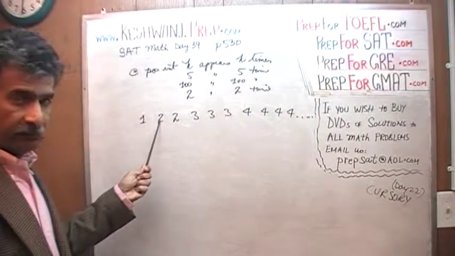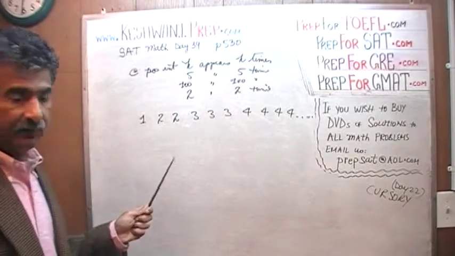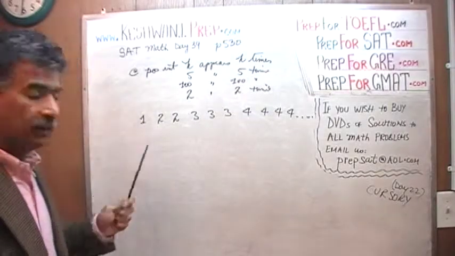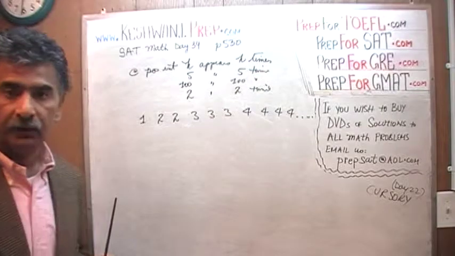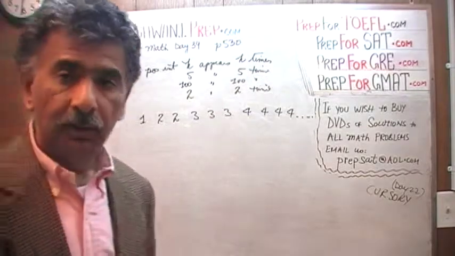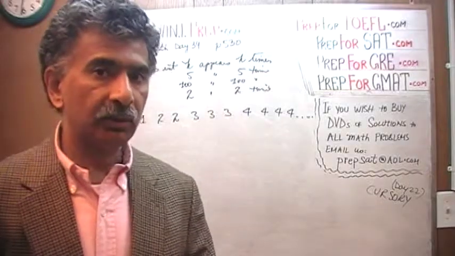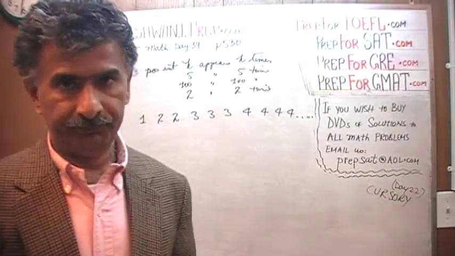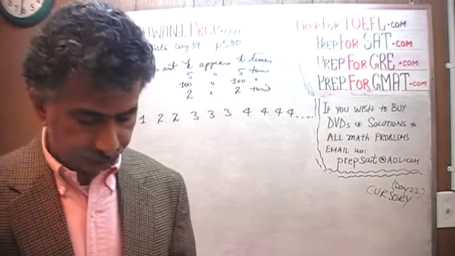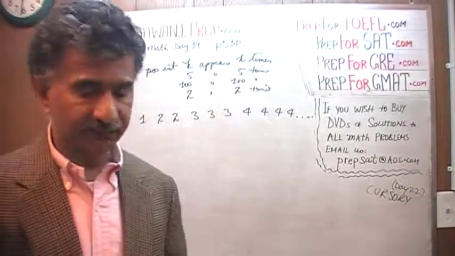But the very first 2 happens to be more than the previous term, because the preceding term is 1. So each term after the first term is either greater than or equal to the term preceding it. That's all. But it cannot be less than, obviously.